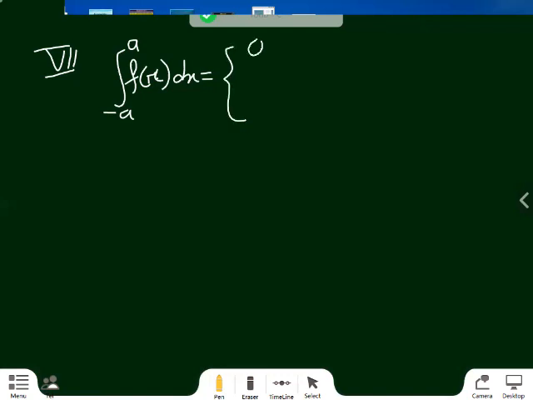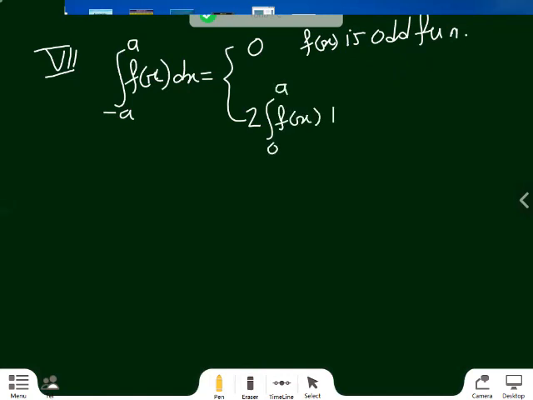It equals 0 when f of x is an odd function, and this integral becomes 2 times integration from 0 to a f of x dx when f of x is an even function.